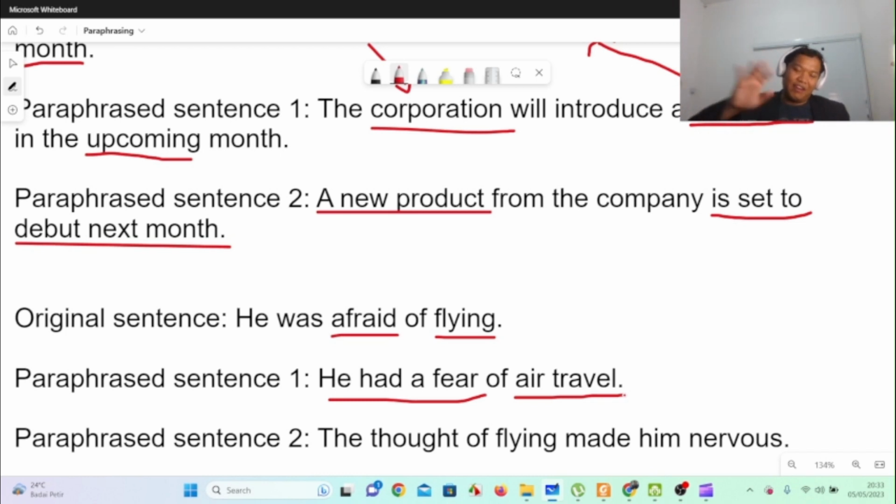You can consider that the same thing. He had a fear. Now, paraphrase as well. This is also a change in parts of speech, because in the original sentence, the person used an adjective, but in the paraphrase, this is a noun. So now there's a new tactic that you can use: change the parts of speech.